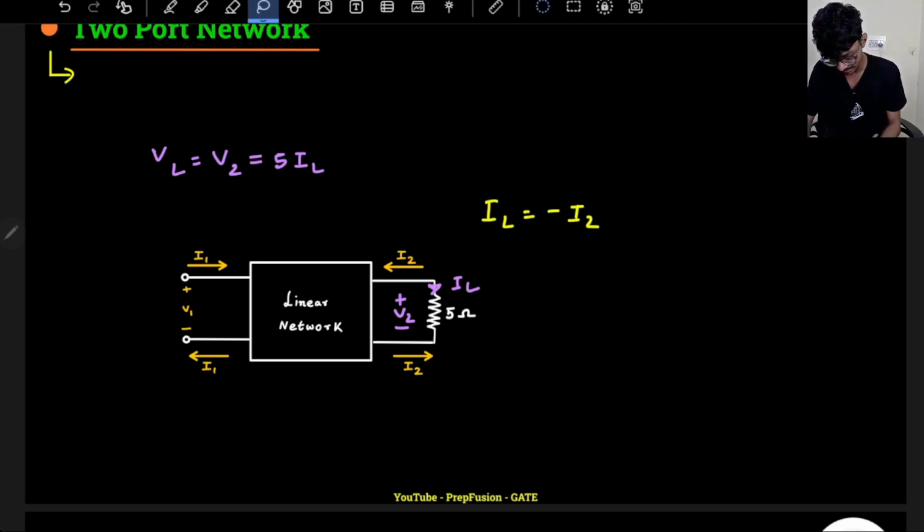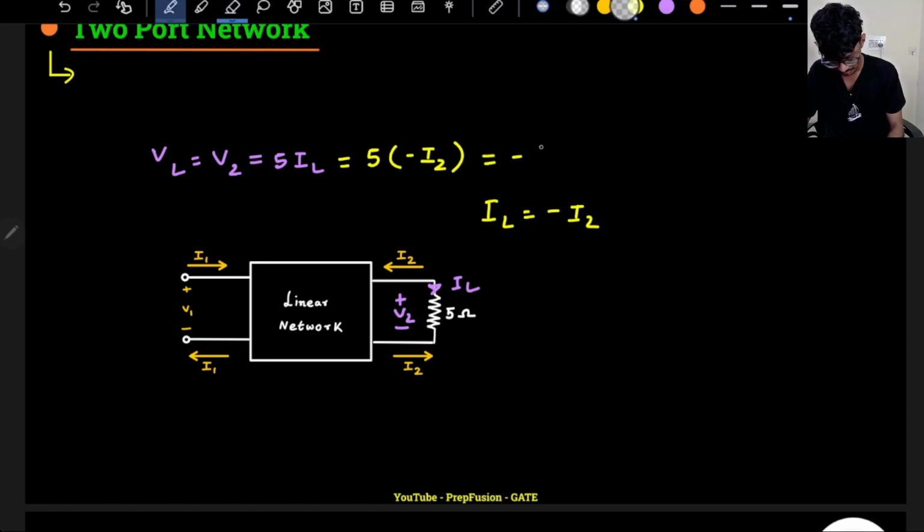So I can directly write that V2 equals 5 times minus I2, so this will be minus 5 I2.